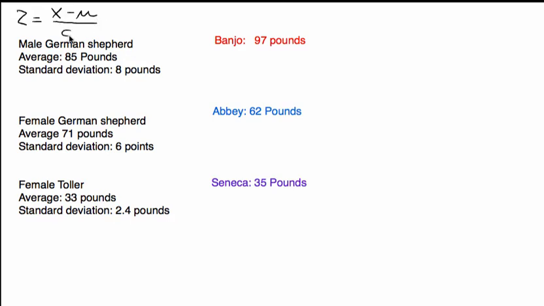Lastly, we divide by the standard deviation to get a handle on how the standard deviation comes into play. This essentially scales the value and tells us how many standard deviations away an individual is from the mean.